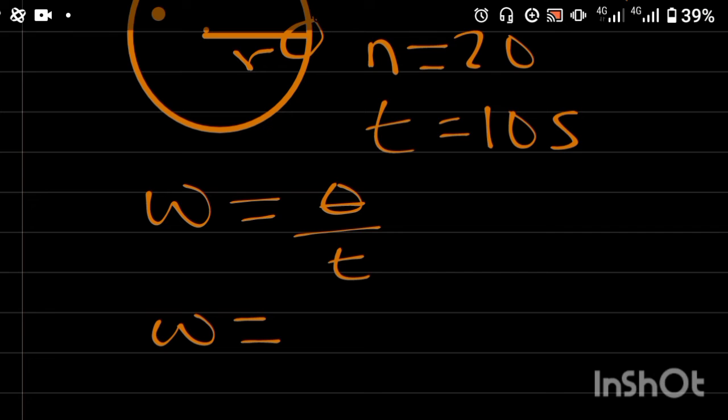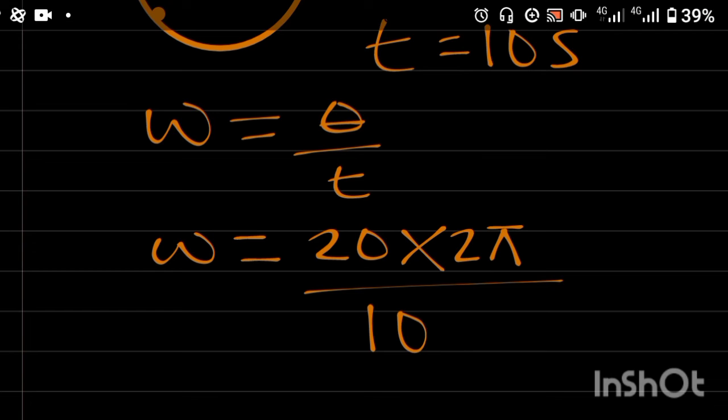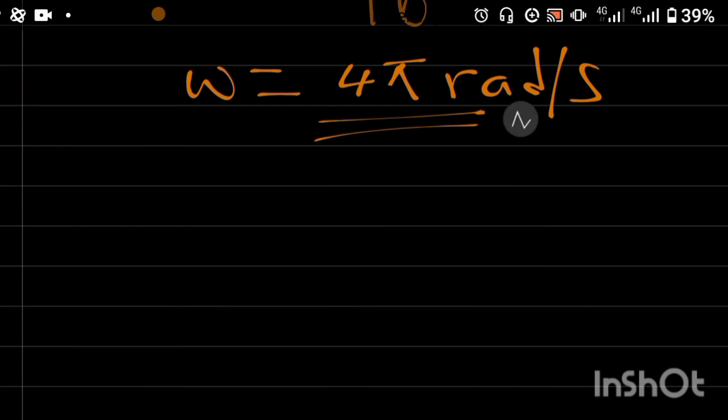And one circle is 2 pi. That means we have 20 times 2 pi over the time, which is 10 seconds. 10 goes there. We have 2 left. The angular velocity is given as 2 times 2 pi, that is 4 pi radian per second. The next question is the linear velocity. Linear velocity is equal to r omega.